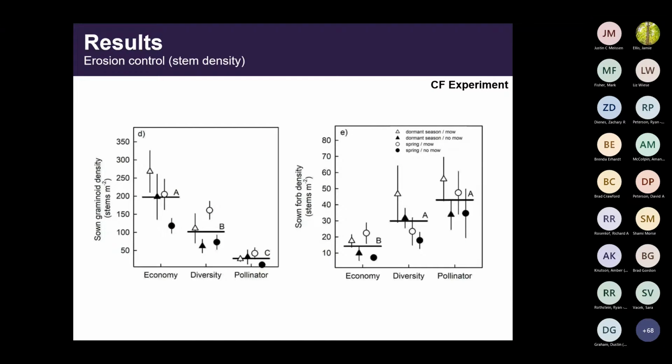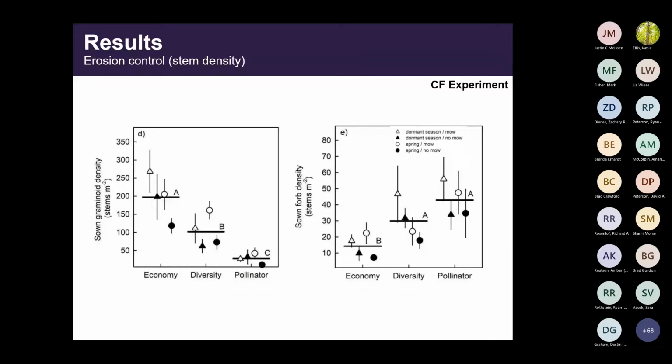So what we found is that stem density was generally affected by seed mix and mowing treatments, but not planting time. As you'd expect, the grass-dominated economy mix had the highest graminoid stem density, and the forb-dominated pollinator mix had the lowest. For forbs, the diversity and pollinator mixes had the most forb stems compared to the economy mix.